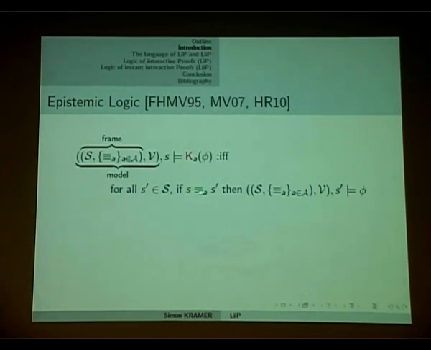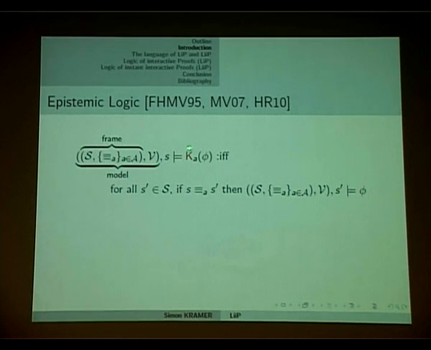So this says, in all states S prime that are indistinguishable from the current state S, phi must be true. In that case, agent A knows that phi is true by definition. And so this is an indistinguishability relation, which means it's an equivalence relation, right?